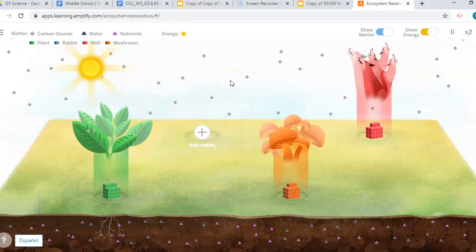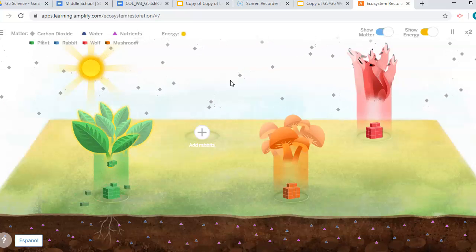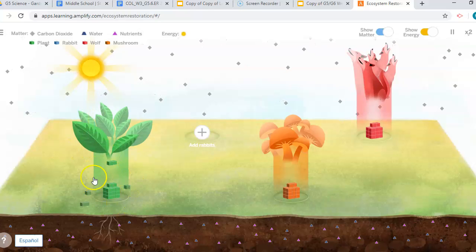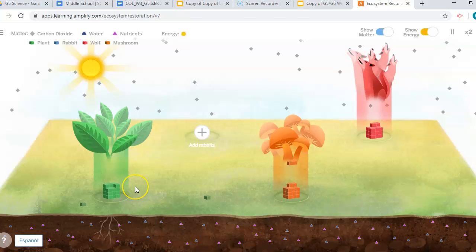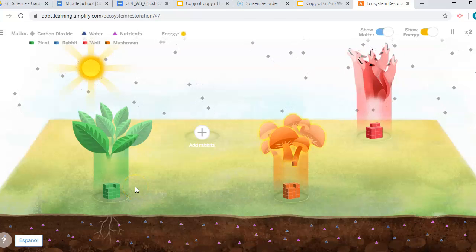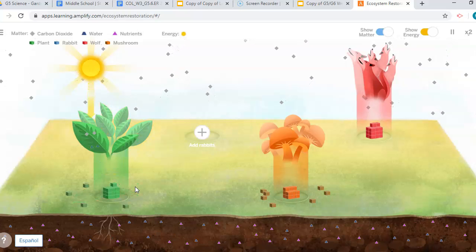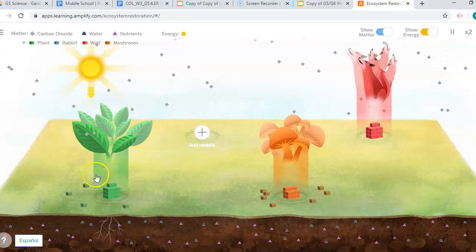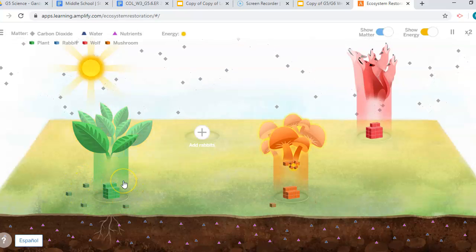As I remove the rabbits, I still know that the plants are getting energy from the sun. I notice that the matter cubes from the plants are getting bigger because the rabbits aren't around to eat those plants. So I can see the plants are growing and thriving even more because there are no rabbits to consume them. So we see here our matter is getting bigger and bigger.